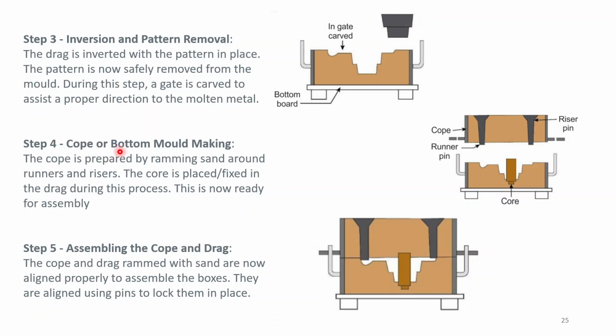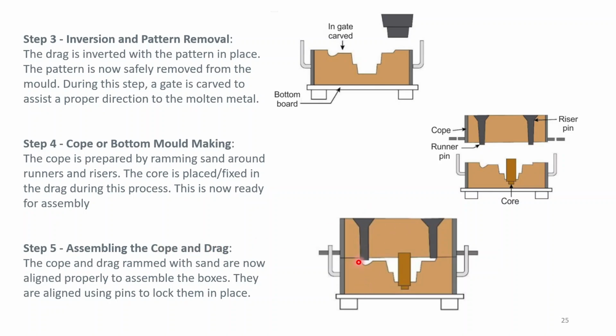Next is cope or bottom mold making. Then you will be making the other part. The cope is prepared by ramming sand around runners and risers, and the core is placed and fixed in the drag during this process. This is now ready for assembling. Next you have assembling the cope and drag.